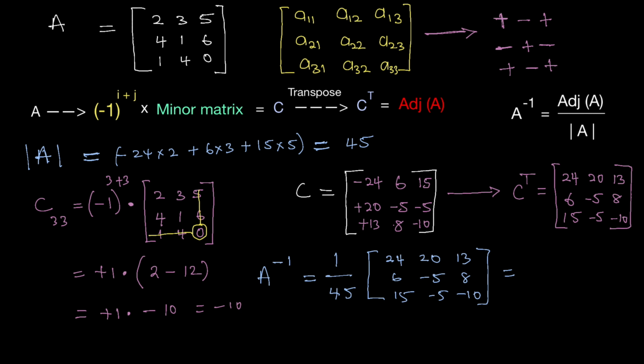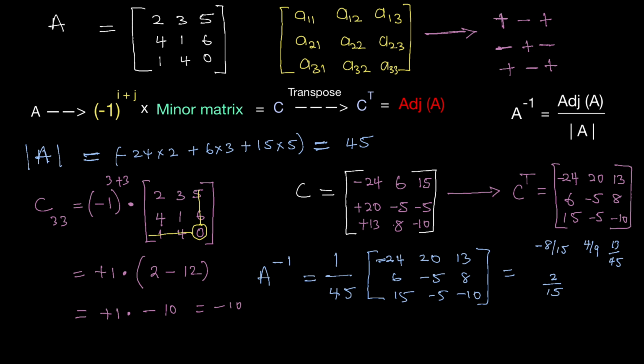That can be written by dividing everything by 45, or writing it as a fractions. Minus 24 over 45 would be minus 8 over 15. 20 over 45 would be 4 over 9. And then you have 13 over 45. 6 over 45 would be 2 over 15.